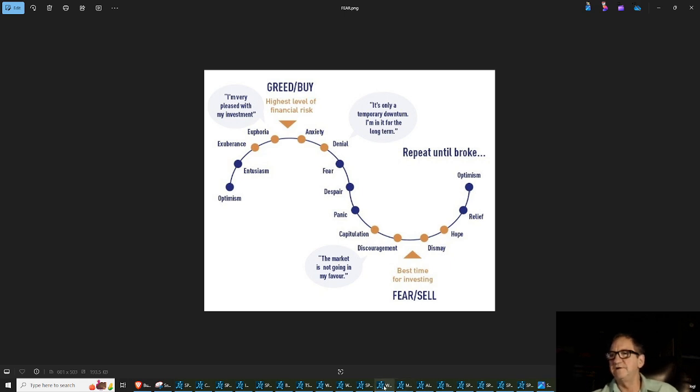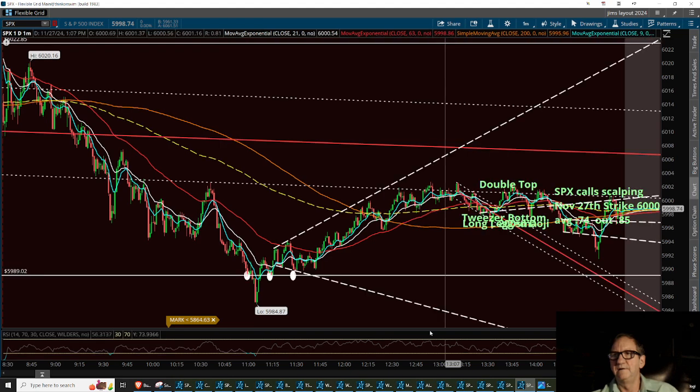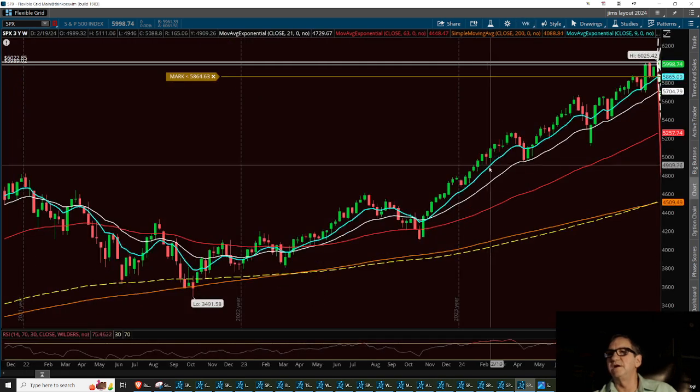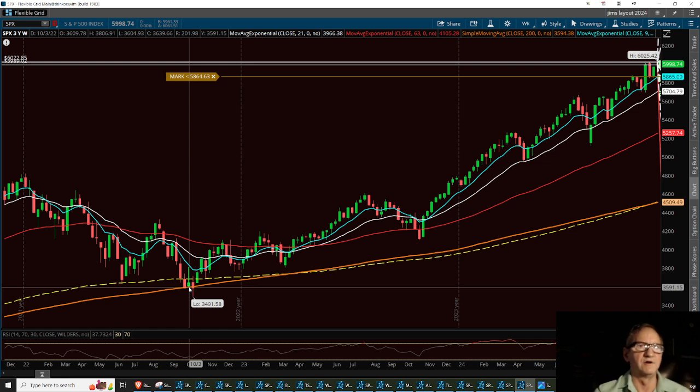How could I tell you that they were so cheap? Because of a moving average. SPX, weekly time frame, off the 200 SMA on the weekly. And I'm yelling at people, I said, we're at the 200, folks. We need to get in this trade and swing it.